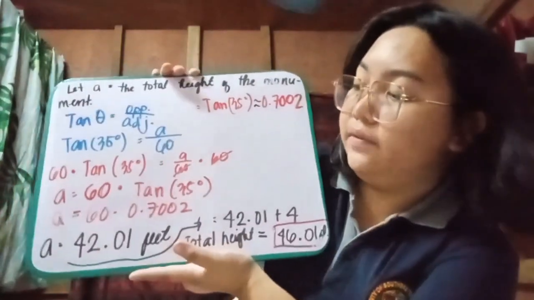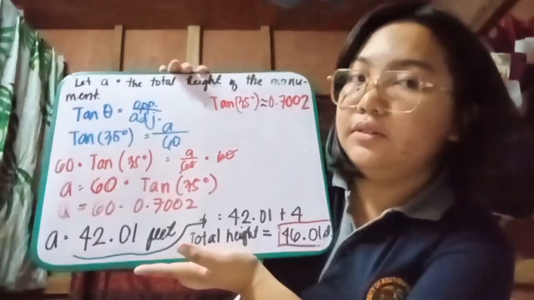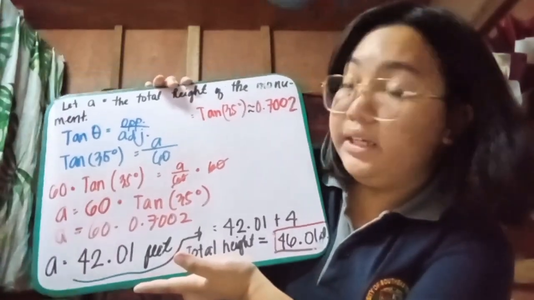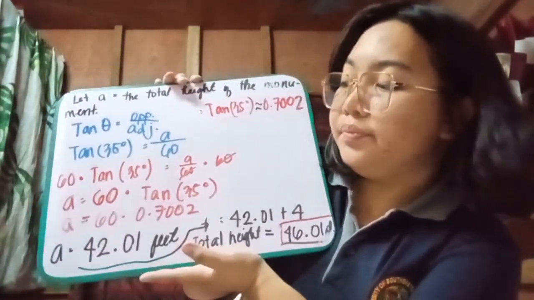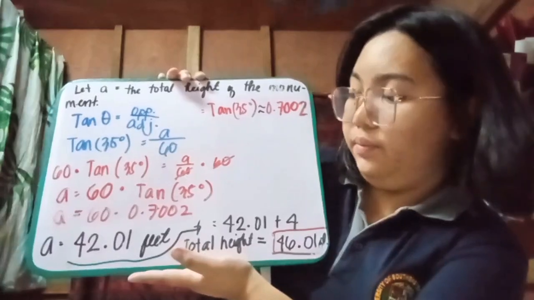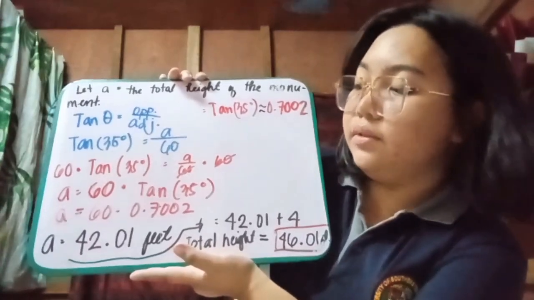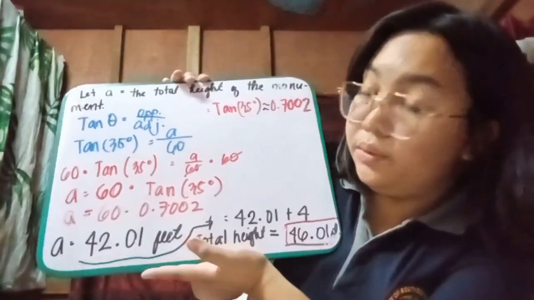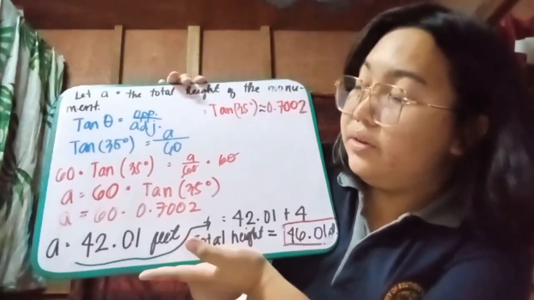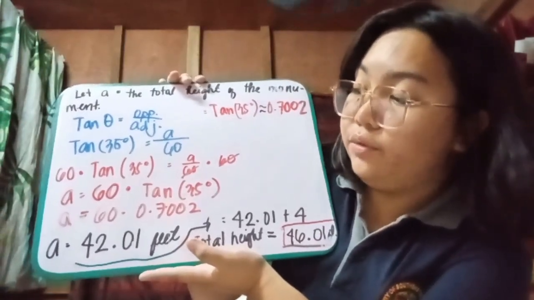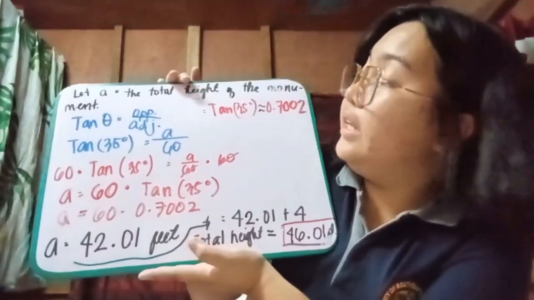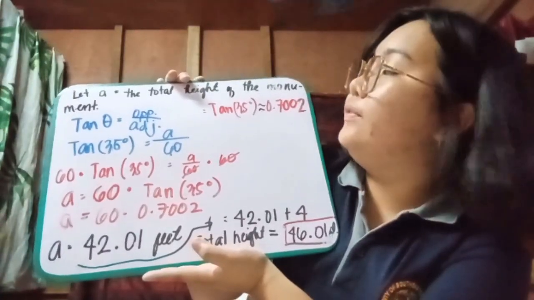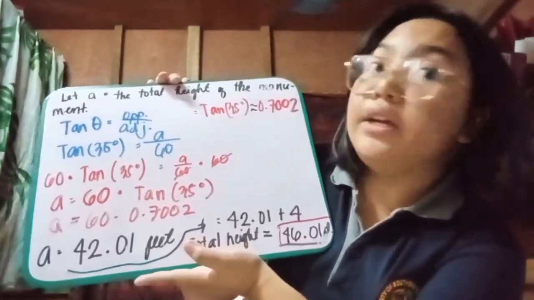Now that we have the value of tangent 35 degrees, we multiply it by 60. 60 times 0.7002 is equal to 42.01. Now, A is equal to 42.01 feet.